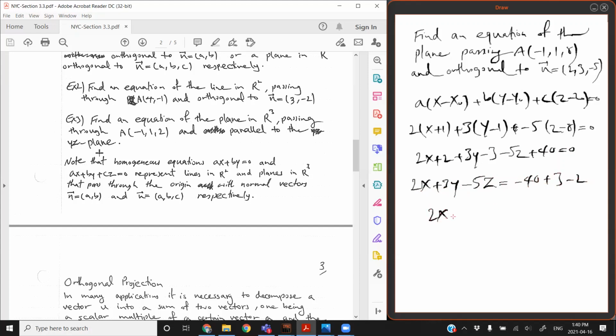So I get 2x plus 3y minus 5z is equal, okay, so this is like a plus 1, so minus 39. Minus 39. So this would be an ordinary plane.